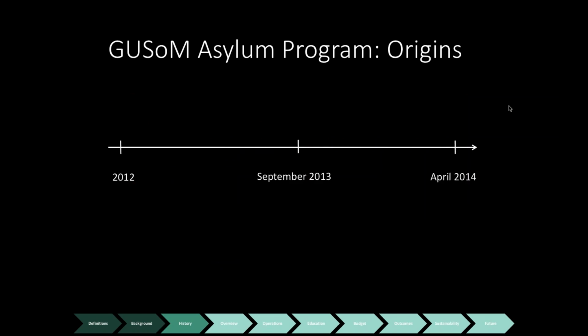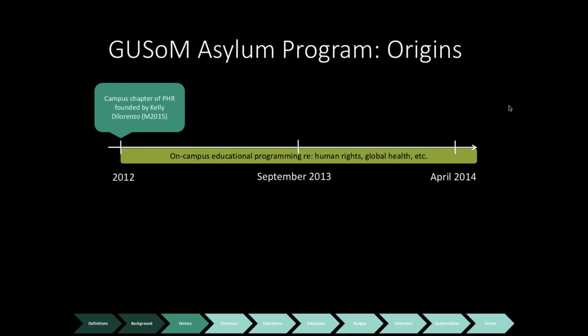So our own origins started around 2012 when our friend Kelly DiLorenzo started a group on campus, the GUSoM PHR chapter, focused basically around educational programming about human rights and global health, as a great discussion group for medical students to learn. And in 2013, Nick and I were chosen as the new leaders of PHR.